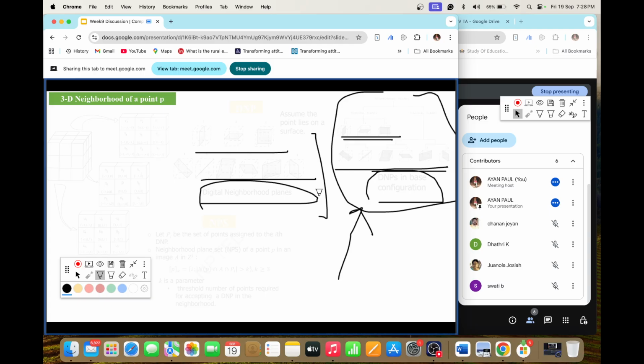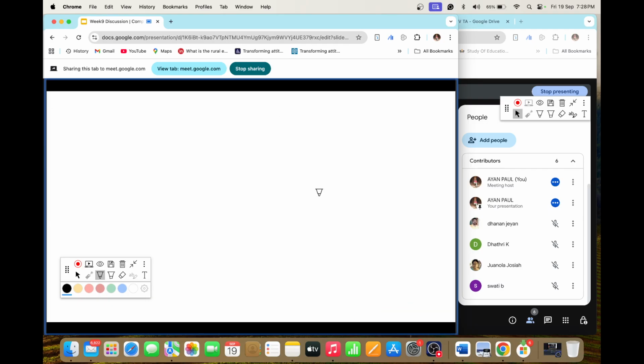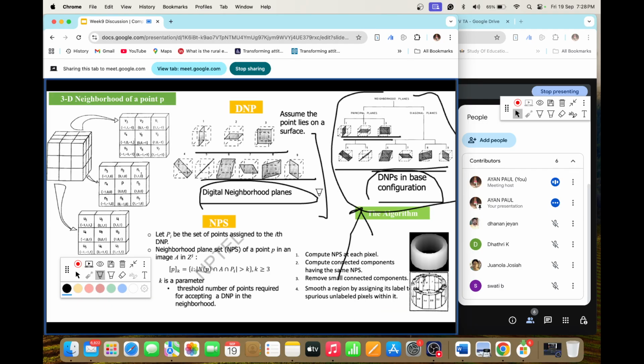Let me move to the next thing. The algorithm also you can check. NPS as well as DNP are important. Here only NPS is given, but both are important. I think they have first checked whether the pixel belongs to the same DNP or not, and after that they computed with NPS.